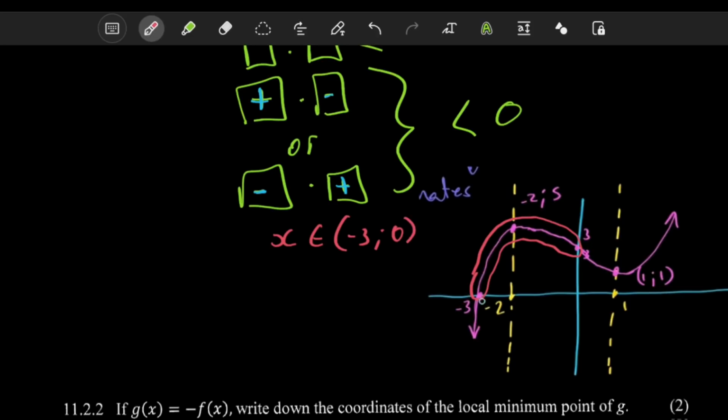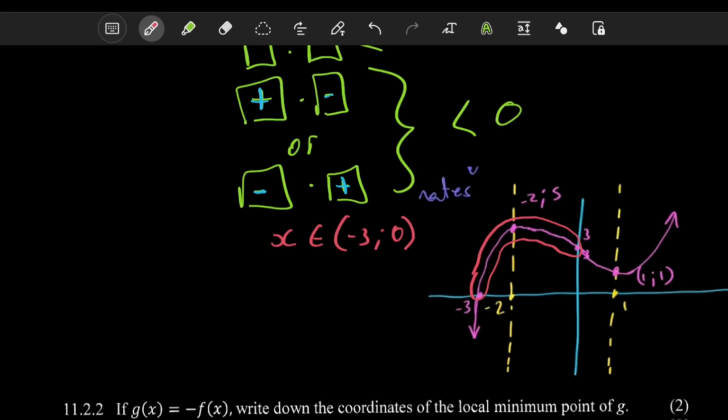From -3 to 0, or rather, can we include the 0 here? No, because the x values are 0 here. If x is 0, 0 times anything gives a 0. It's not something smaller than 0.